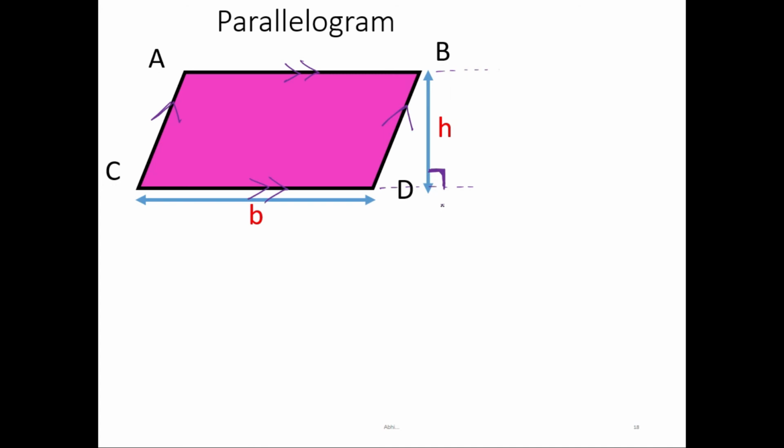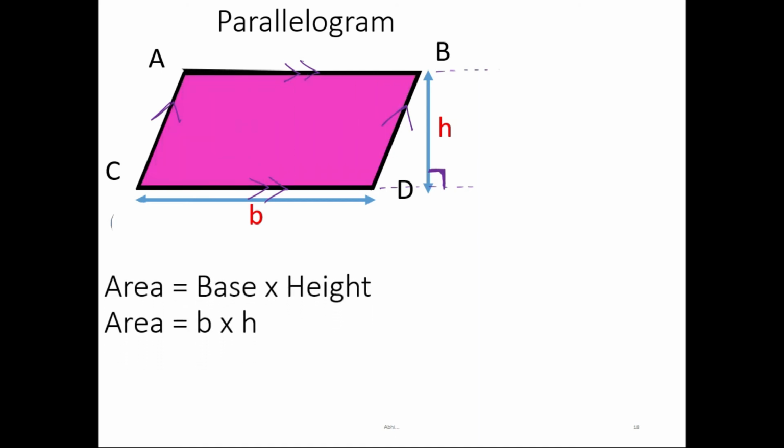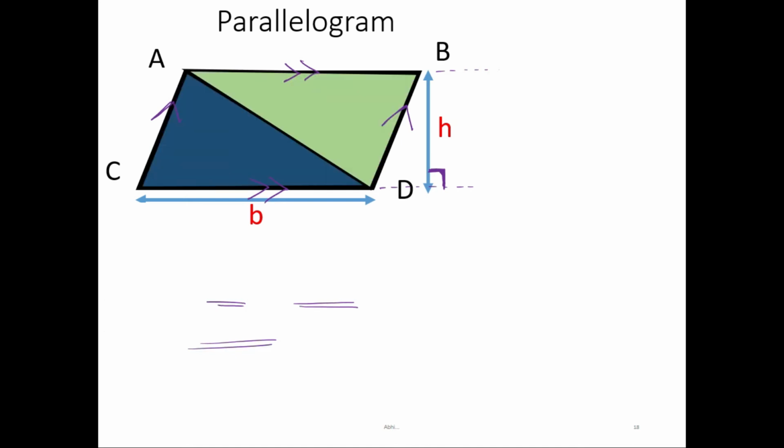The area of a parallelogram is equal to base times the height. We know that a parallelogram consists of two triangles when they are divided by the diagonal AD.